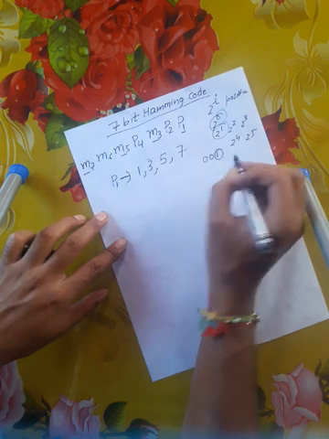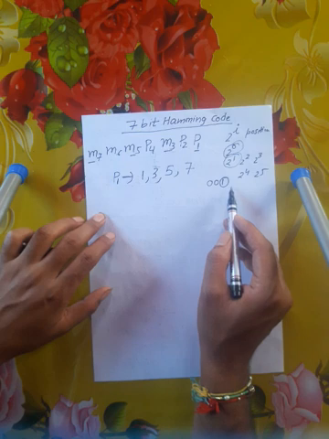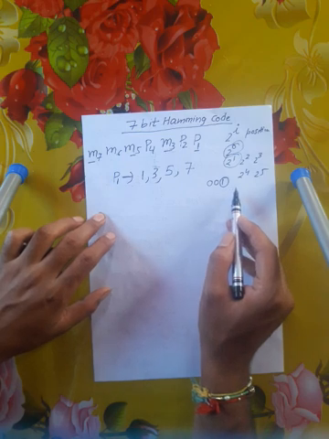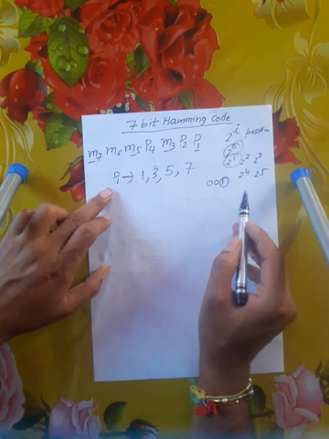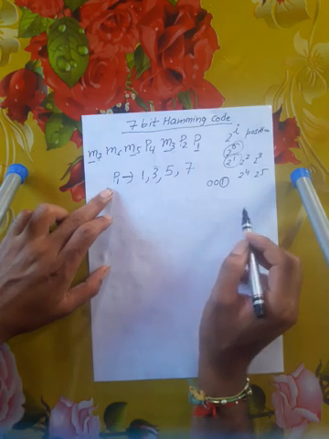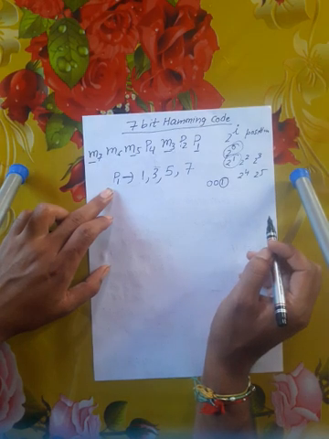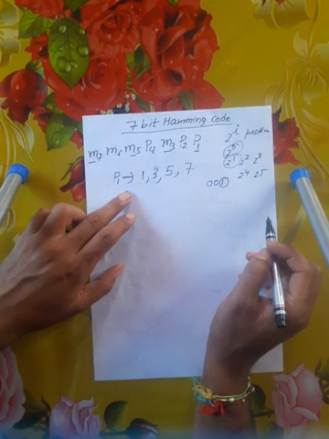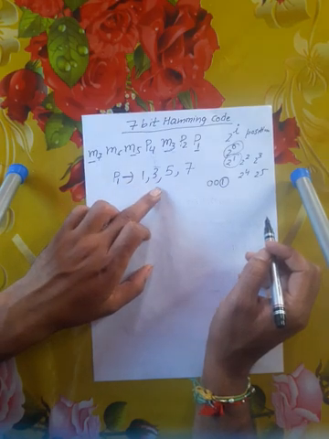Just check where there is 1 in the LSB. Those bits will be responsible for P1. Just say P1 will be responsible for all the odd numbers: 1, 3, 5, 7. If there is a 15-bit Hamming code, 1, 3, 5, 7, 9, 11, 13, 15.